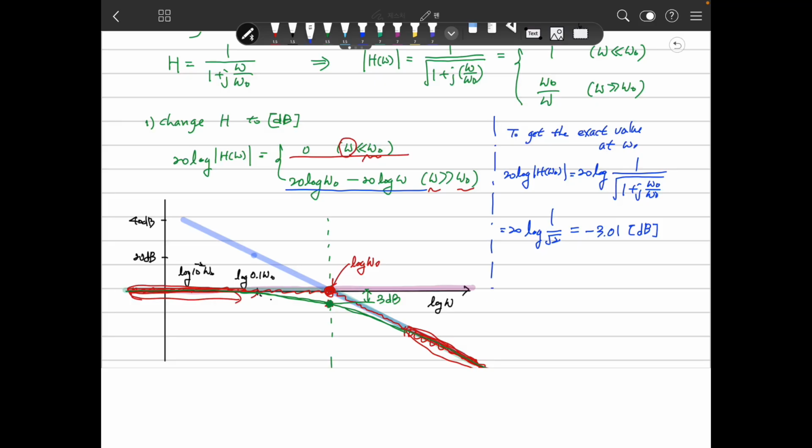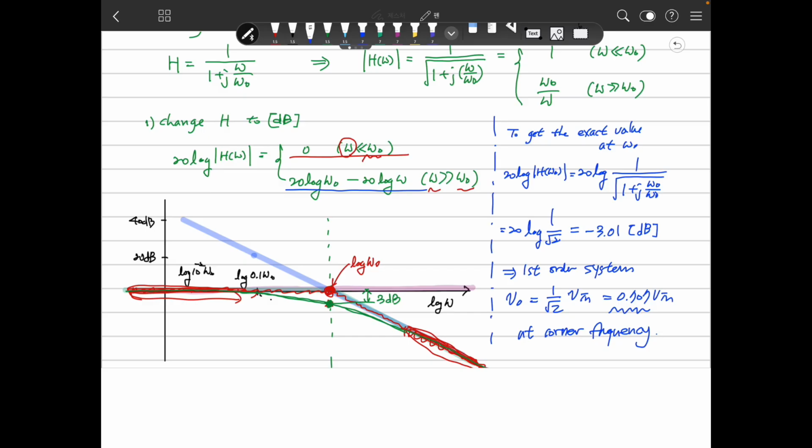So in the case of first-order systems, V out over V in at the corner frequency is about that value.